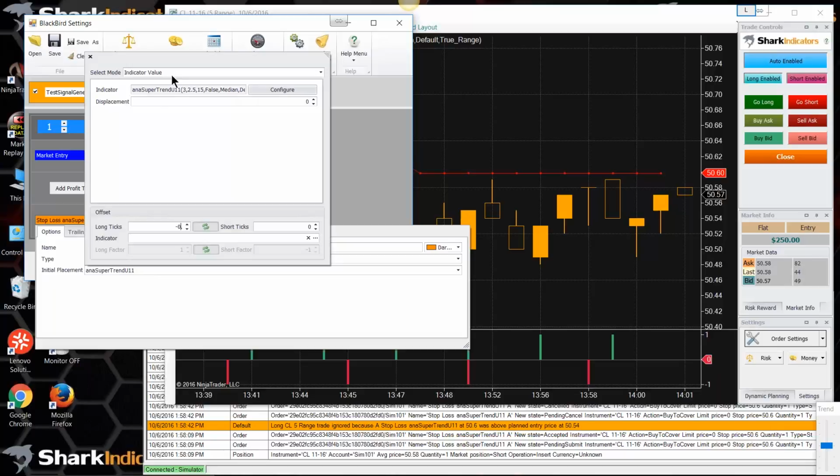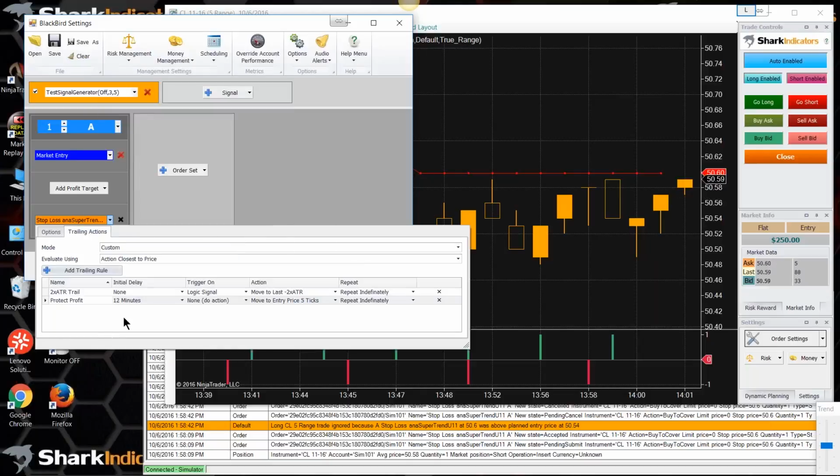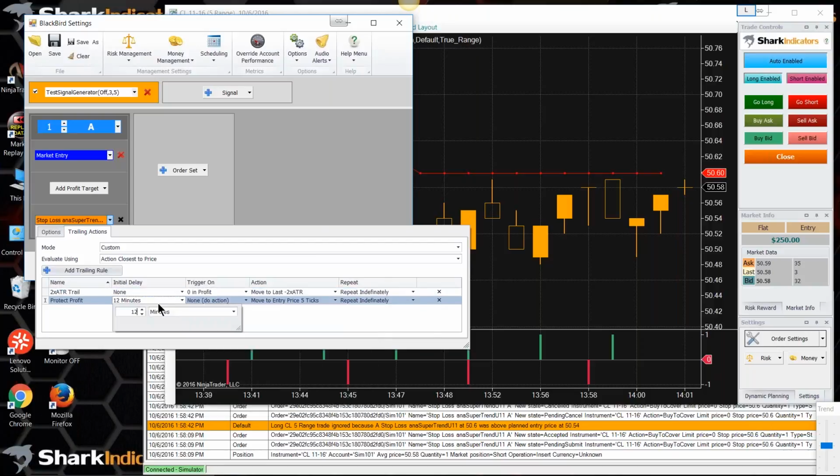So let me set this stop loss back up the way we had it. All right, so we had something like a 20 tick stop loss, and then we had these trailing rules. So let me get them set back up again.